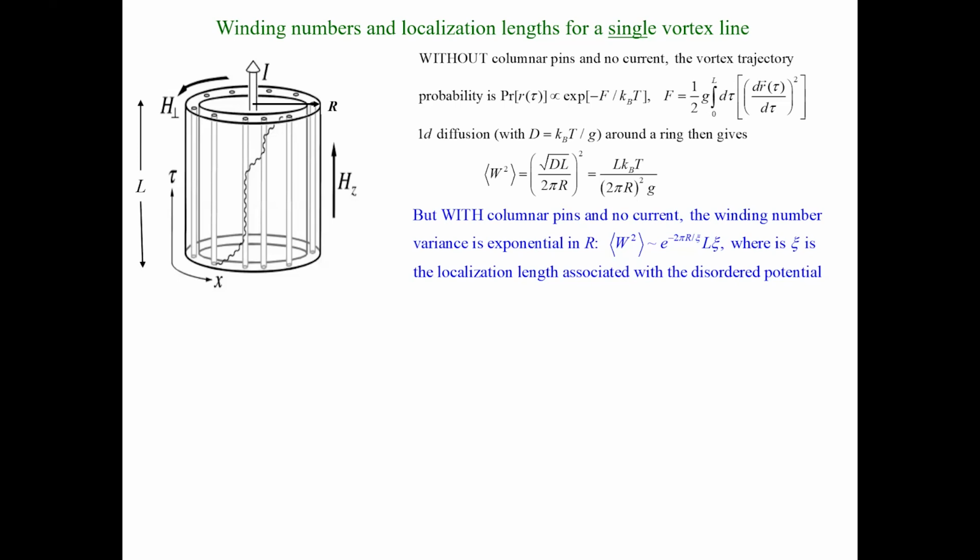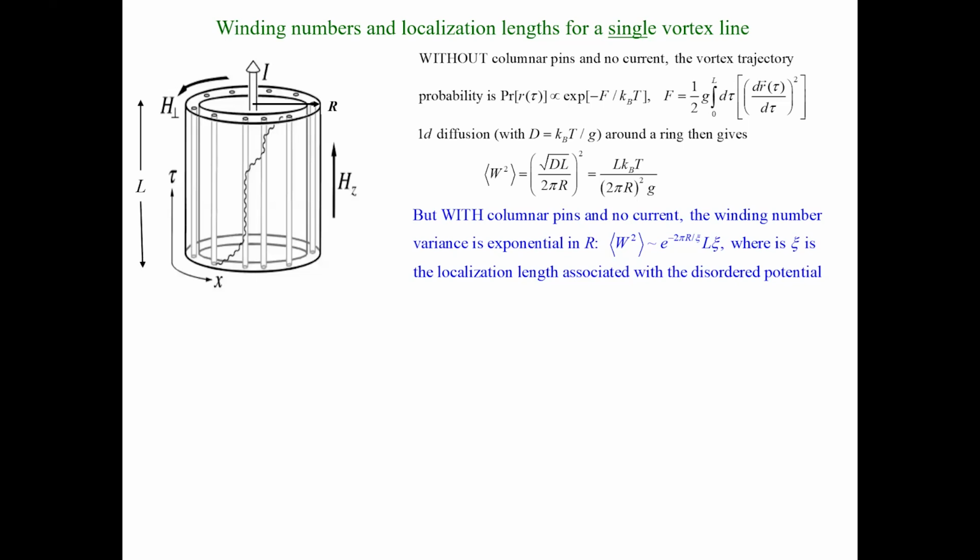And many of you might know, but if you don't, I'll tell you that when you have a random potential in one dimension, Phil Anderson showed that you can get electron localization, but in this case, it's flux line localization due to the randomness of the potential. It finds the local minimum and it gets trapped there. And of course, the winding number is going to know about that. If I have this flux line in a localized state, it's not going to want to wind.